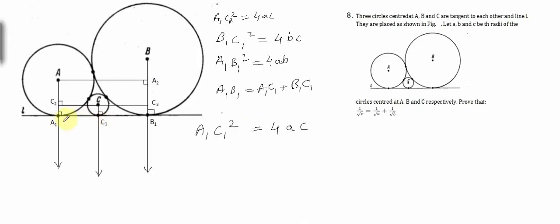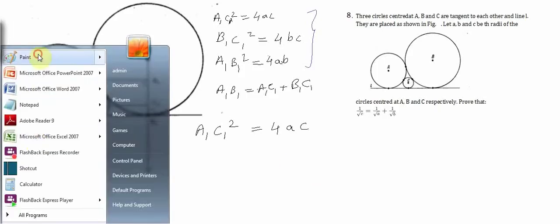Now, looking at this diagram, we notice that a1 c1 is equal to c2c. This is equal to this. Perhaps I will use a different paint slide for these three statements. So for a1 c1 square, let us have a different slide over here.